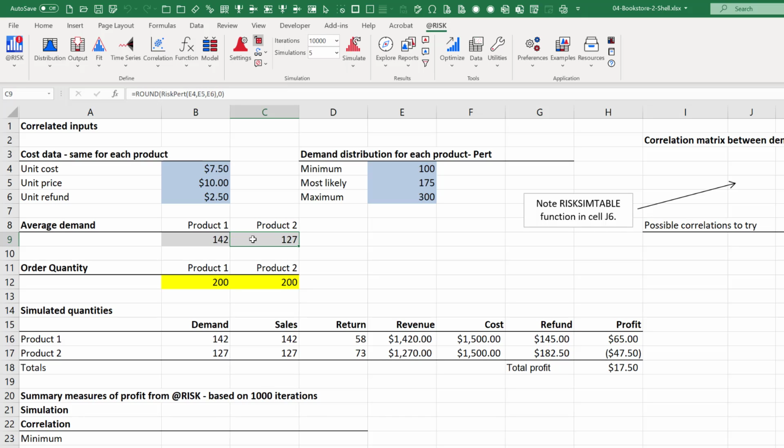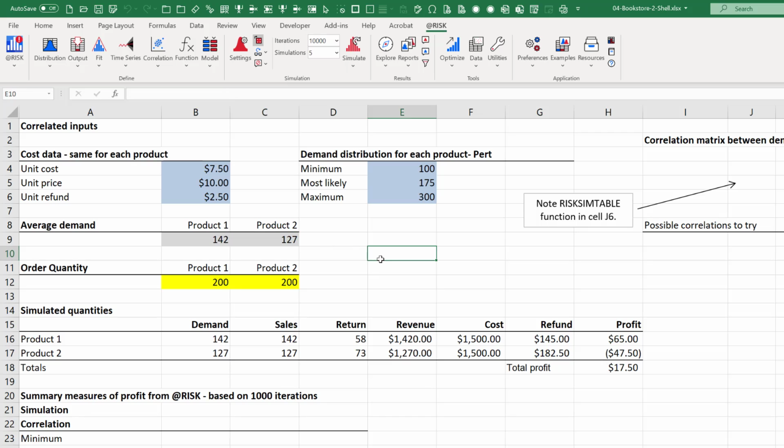If it is competing product, if demand for one product goes up, demand for the competing product may go down. So assuming that they are totally independent is not valid assumption in many situations.